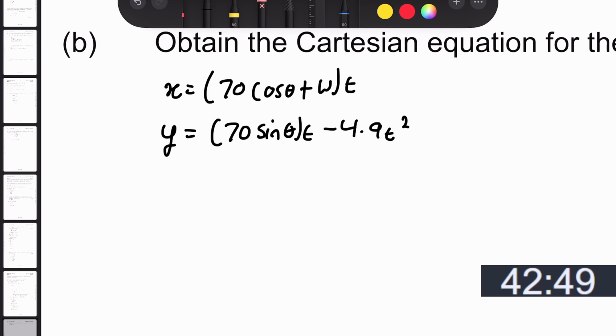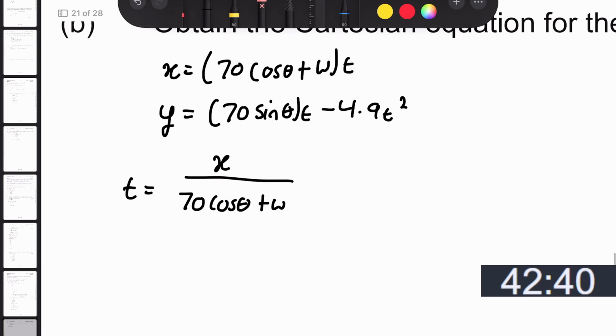So I can just say that t is equal to x on (70 cosine of theta plus w).